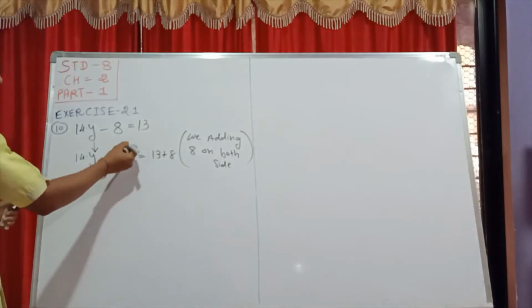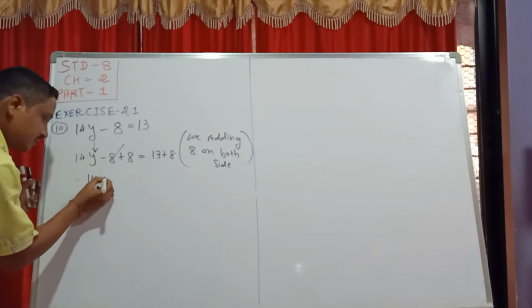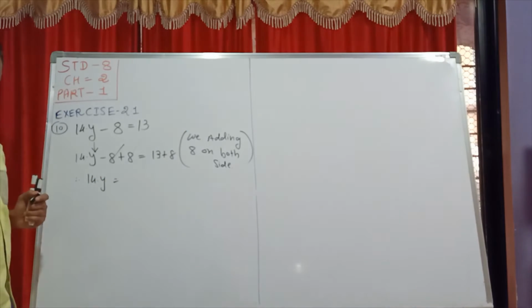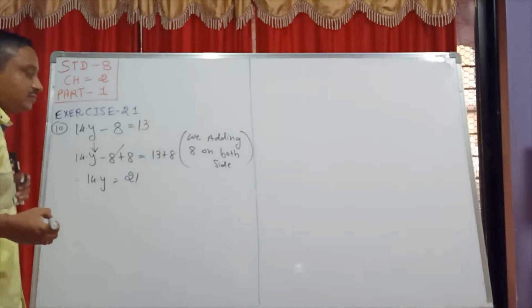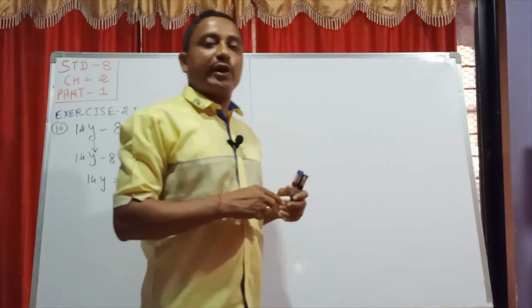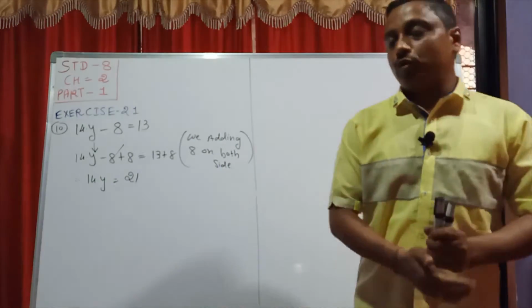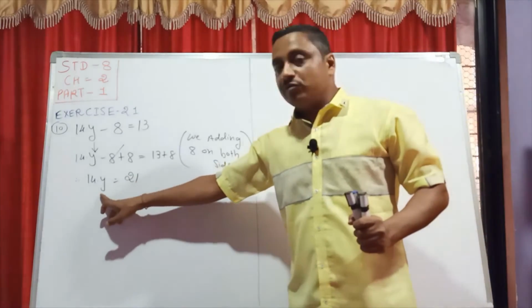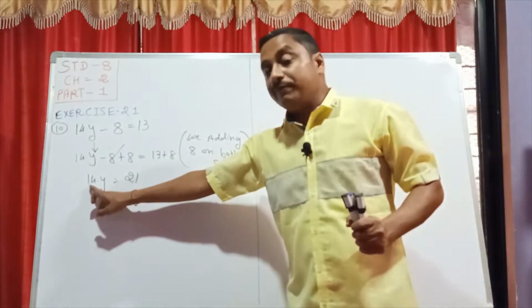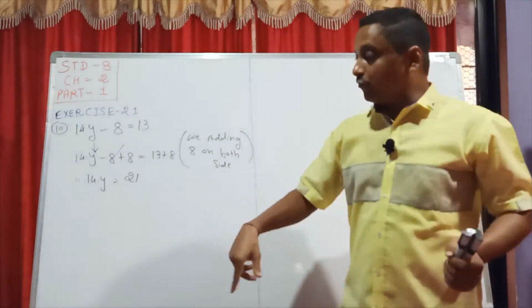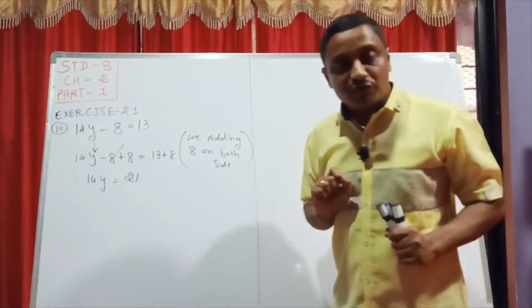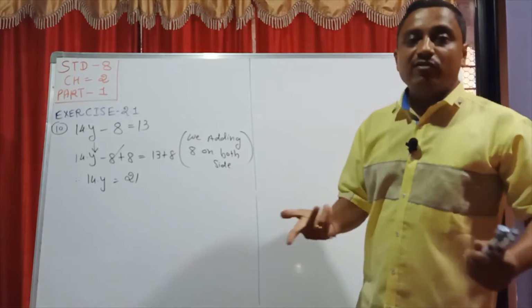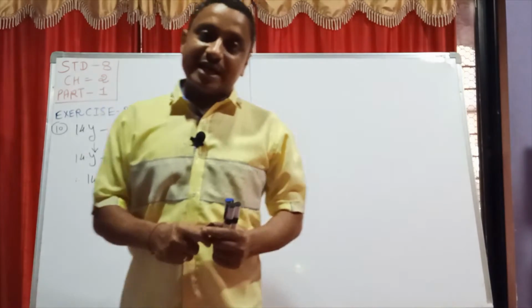This 8 and this 8 cancel. And how much, students? 13 plus 8? Yes, it is 21. 13 plus 8 is 21. Now what to do? For obtaining y, I remove this 14. So remove this 14, but 14 is given already in multiplication form, students. So I divide by 14 on both sides.